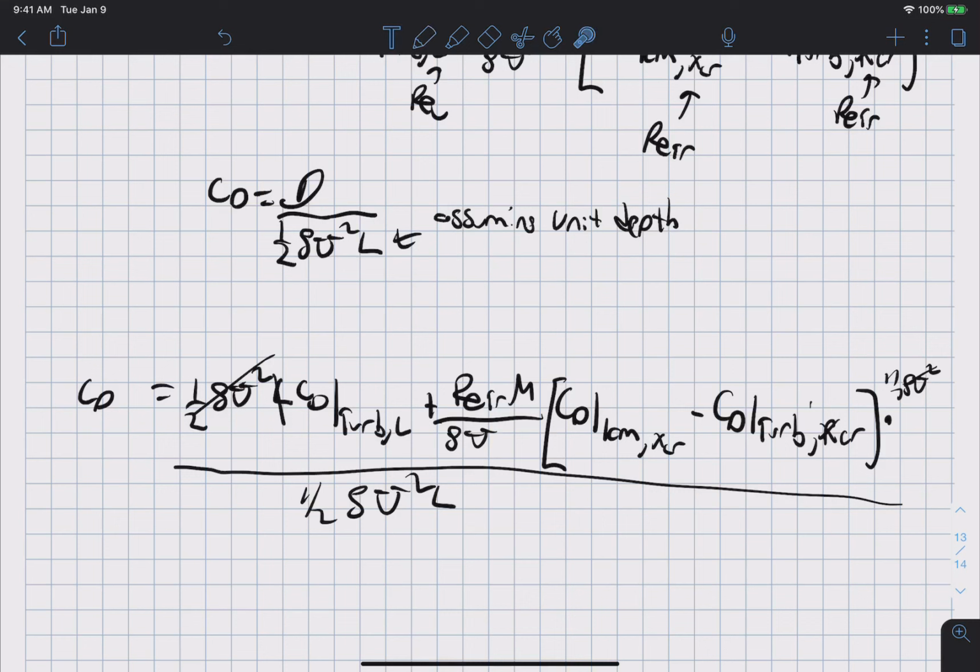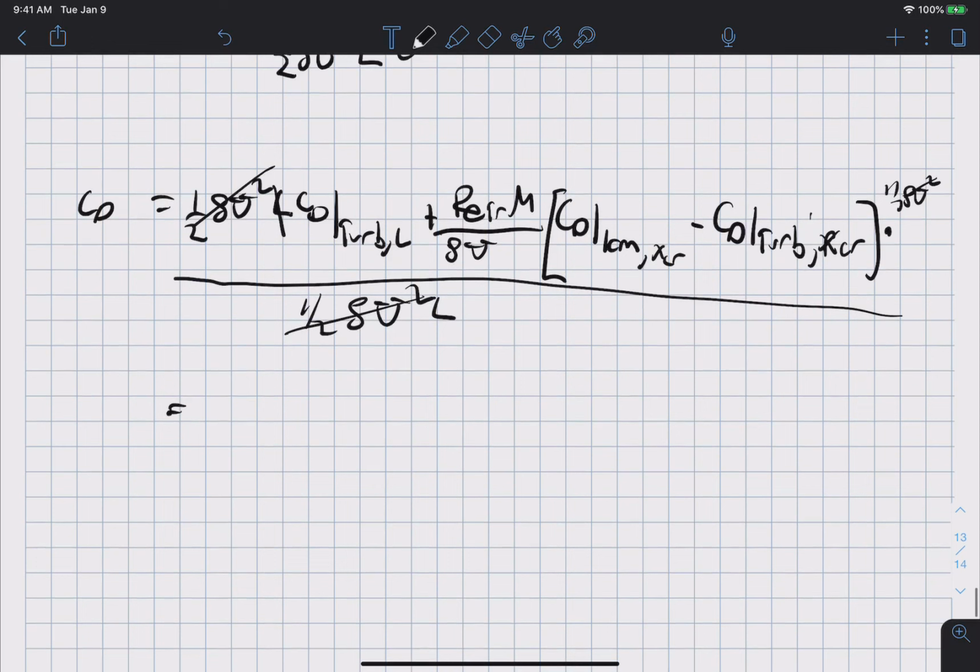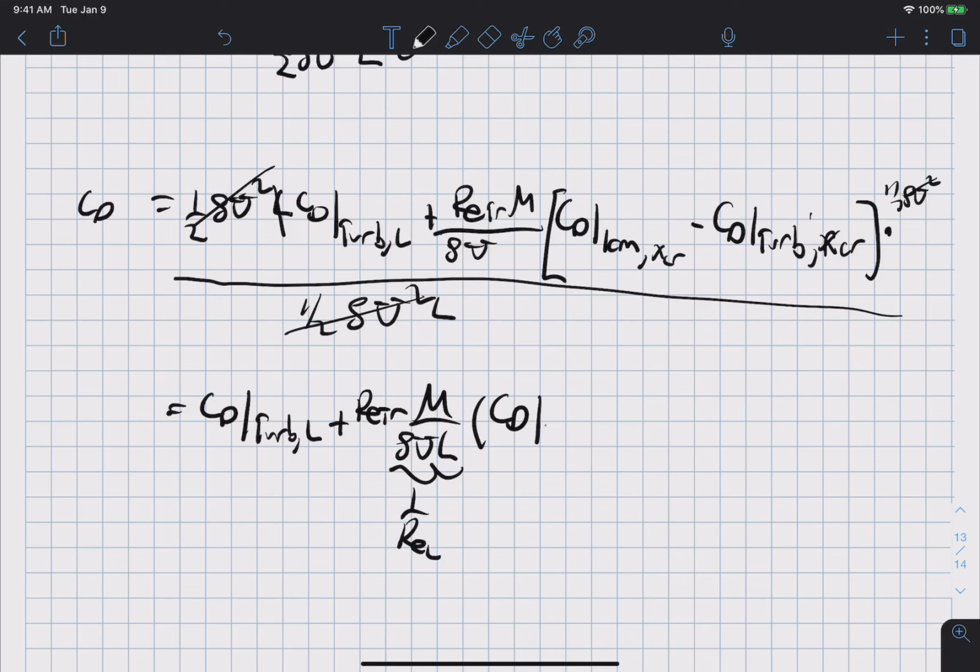This L cancels out, but over here we don't have an L, because this is evaluated at the critical transition distance, not L, and so if we simplify this out, this becomes CD for the turbulent portion evaluated at L plus the transition Reynolds number times mu over rho U times L. Well, this parameter here is just 1 over REL times the drag coefficient for the laminar section evaluated at the transition distance minus the drag coefficient for the turbulent section evaluated at the critical transition distance.